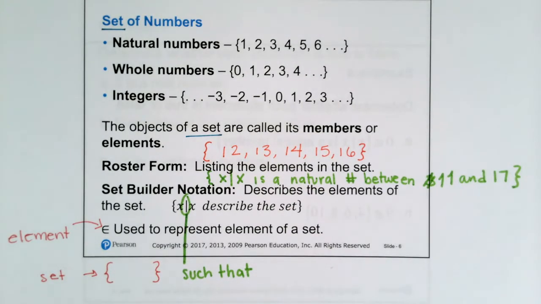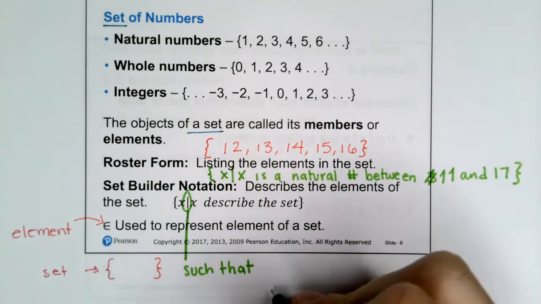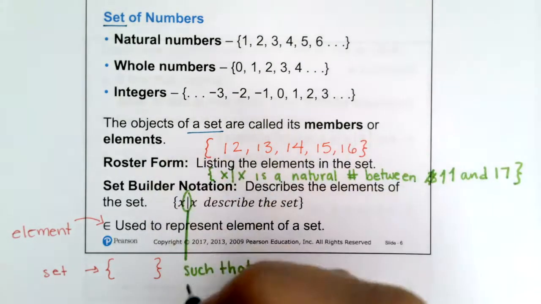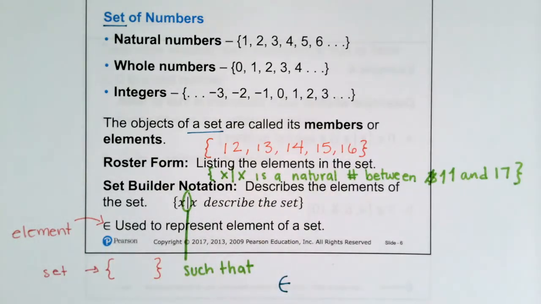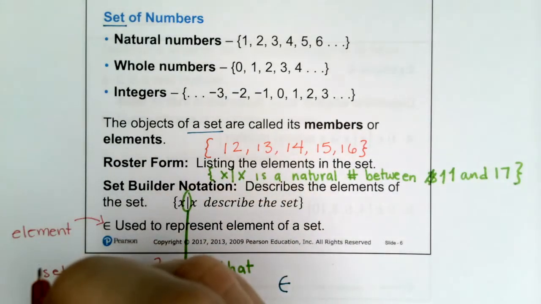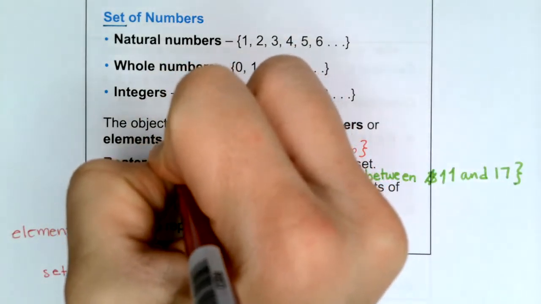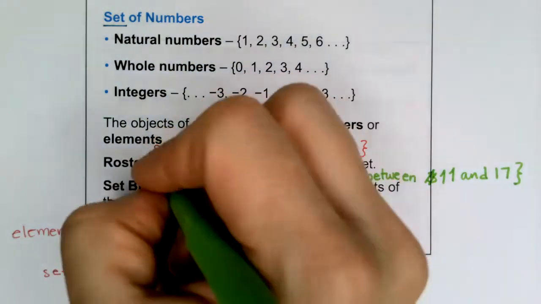And then we say the element, we have to give this set a name. So set A, we'll say set A, and here's set A. Good.